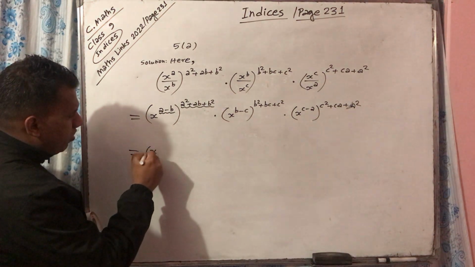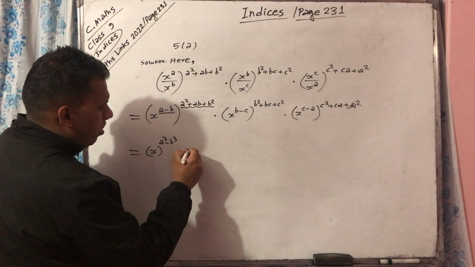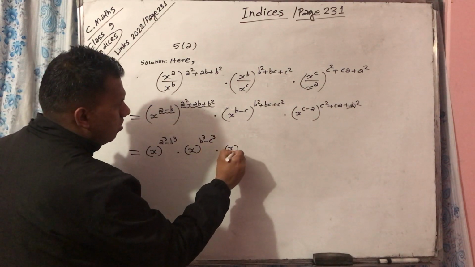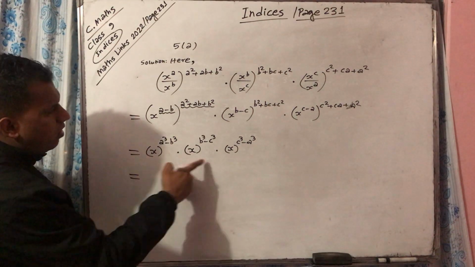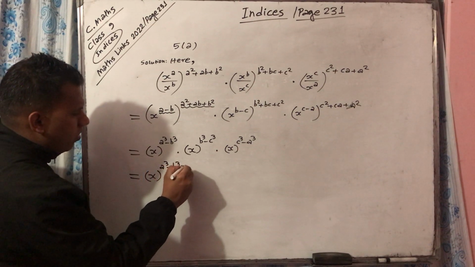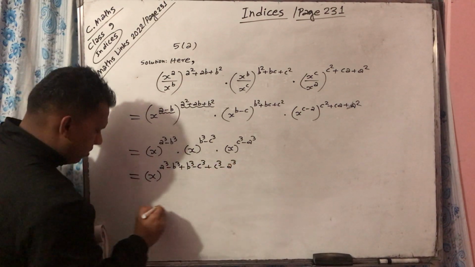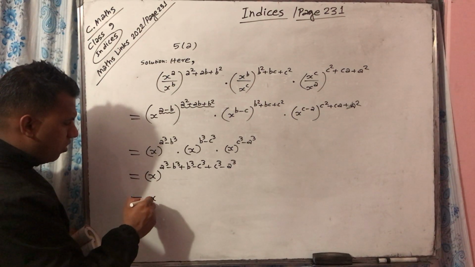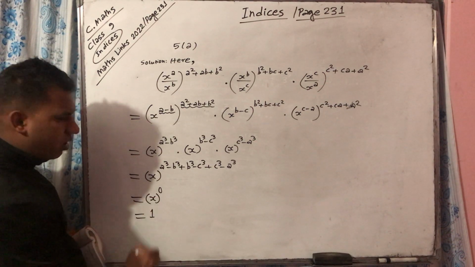So x to the power a cube minus b cube. Similarly, in the second part, x to the power b cube minus c cube. In the third part, x to the power c cube minus a cube. Since the bases are the same, the powers can be added. X to the power a cube minus b cube plus b cube minus c cube plus c cube minus a cube. Since all terms are positive and negative in pairs, the sum of the powers is 0. X to the power 0 is 1.